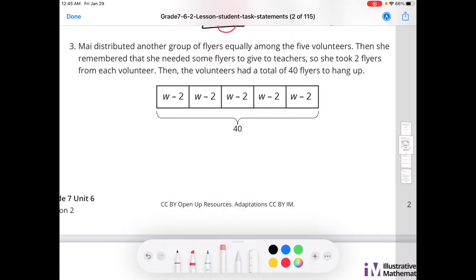We have 5 volunteers. Each of our rectangles is the same size with the same label. So I know that I could evenly divide. 40 divided by the 5 volunteers means that each small rectangle represents 8 flowers.